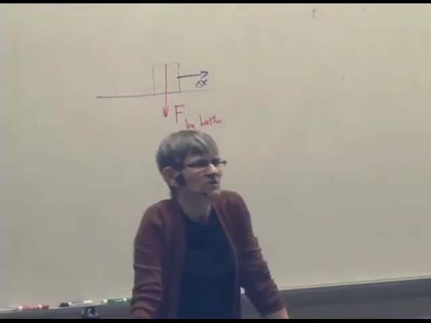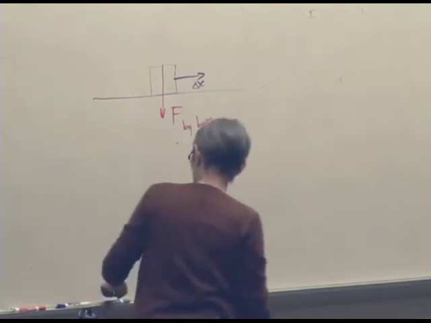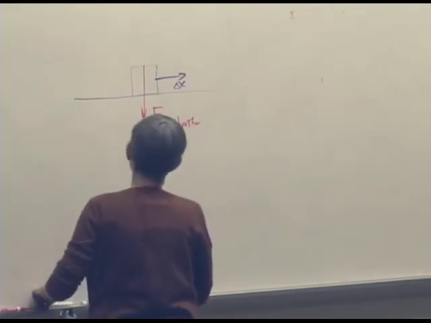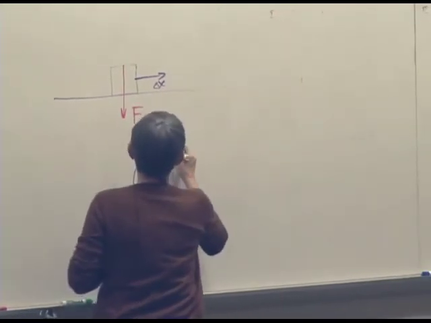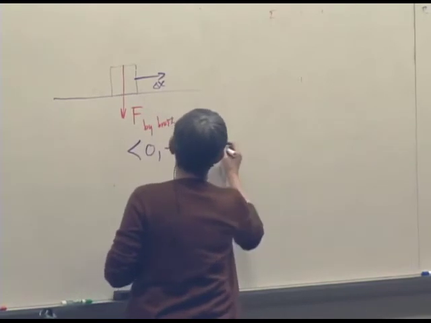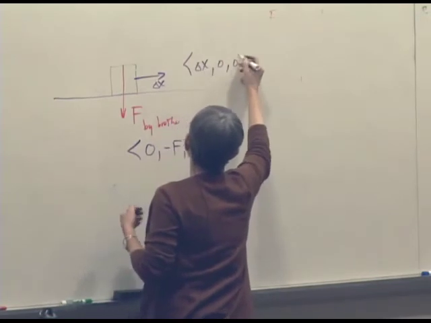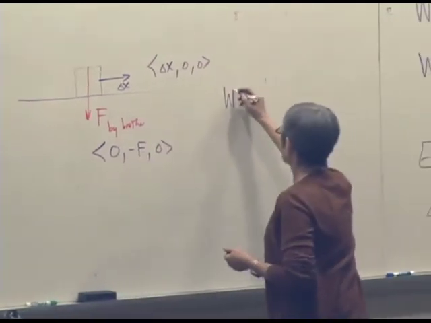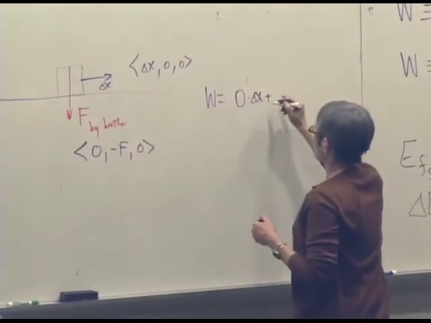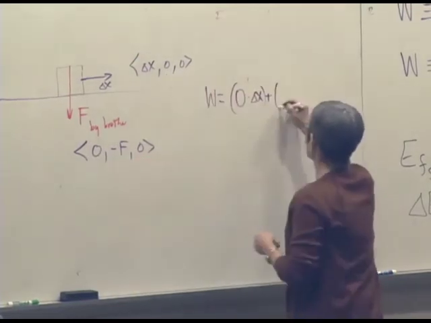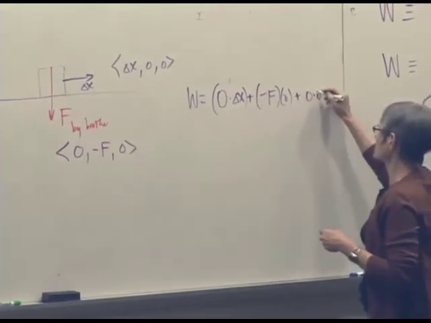So how much work does he do? That's right, he does zero work, doesn't he? Because what we have here is 0, minus F, 0 if we write it that way. And this would be delta x, 0, 0. And so if we work it out, the work is 0 times delta x, whatever that was, plus minus F times 0 displacement in the y direction, plus 0 times 0.